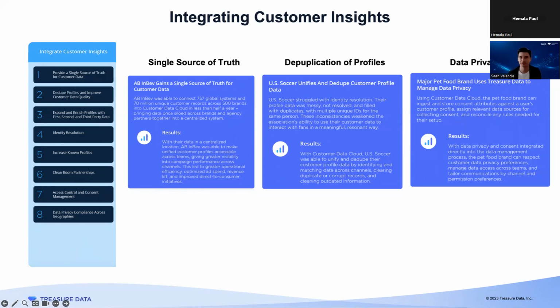This was a big challenge to a company like AB InBev, the world's largest brewing company, managing over 500 different brands globally, and many of those were siloed, operating with their own customer data.